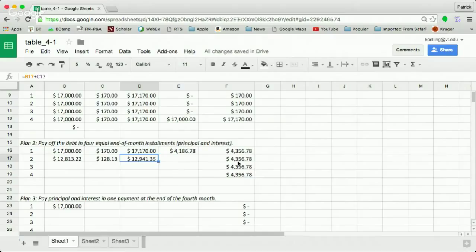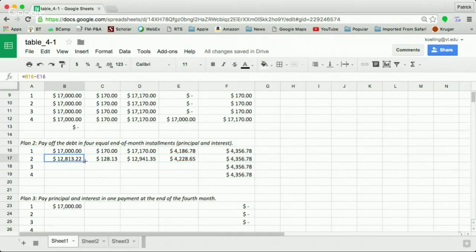I make a payment of $4356.78, but remember, $128.13 of that is interest. So the principal amount, I can drag this formula down, the principal amount that I pay is $4228.65. Very nice. I'm paying a little bit more off on the loan and a little bit less on interest.